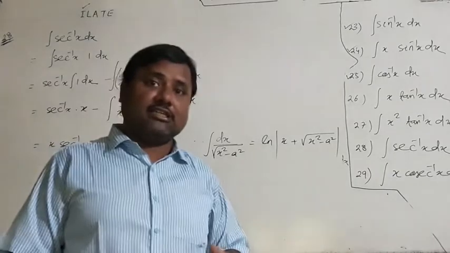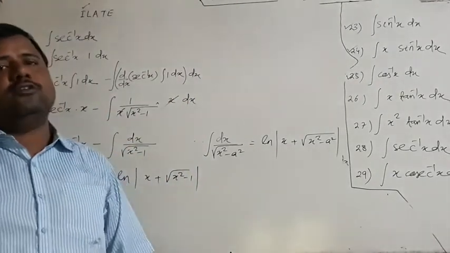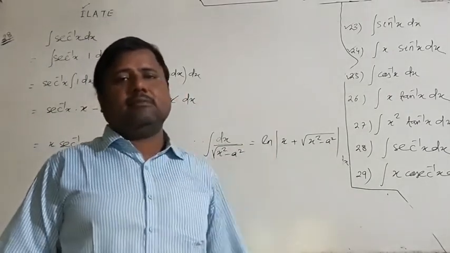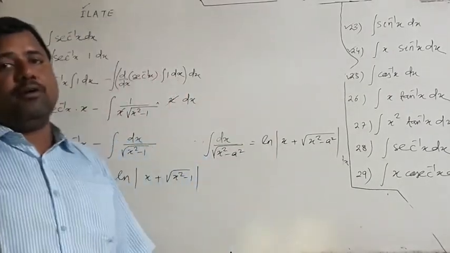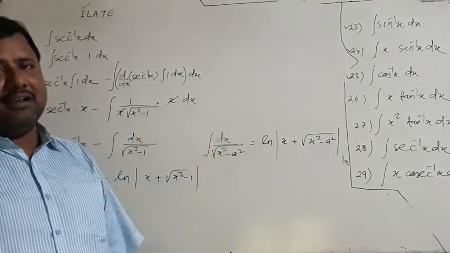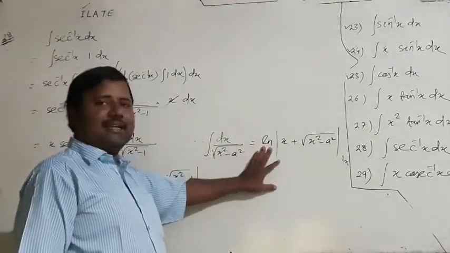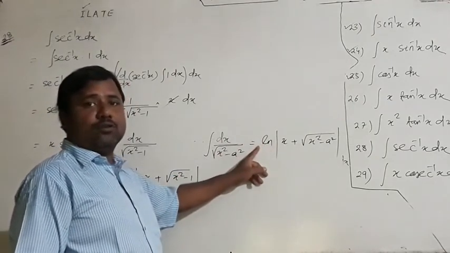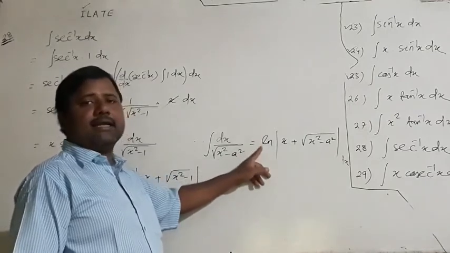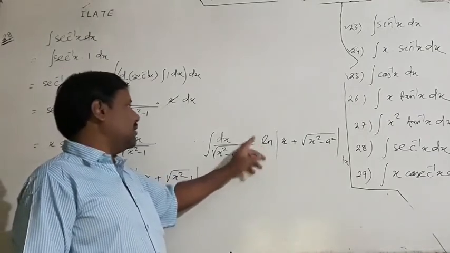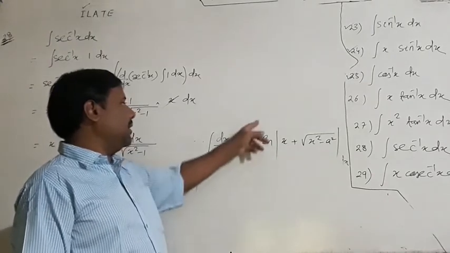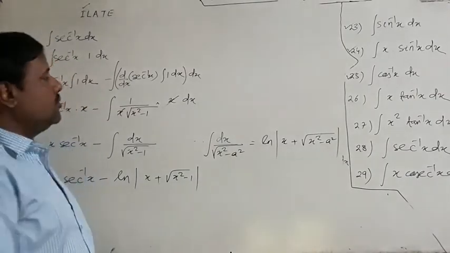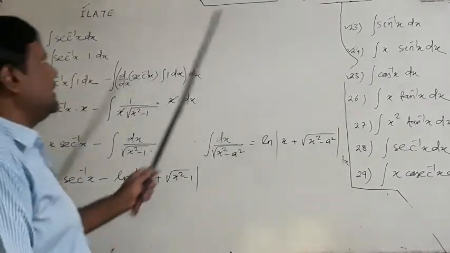There are 7 sisters, out of which 3 give you sine inverse, tan inverse and sec inverse. Rest 4, and 3 are arranged marriage and 4 are love marriage. This is love marriage. ln since root over, root, then put means 1 by a नहीं रहेगा, 1 by 2a भी नहीं रहेगा. रहेगा क्या? कुछ नहीं रहेगा यहाँ. 1 by a नहीं, 1 by 2 नहीं. It is ln x plus root over x square minus a square. You should go through that formula which is in my chapter 4 video. Okay.